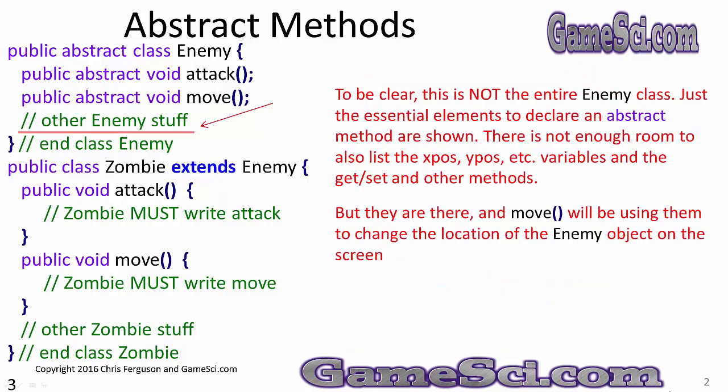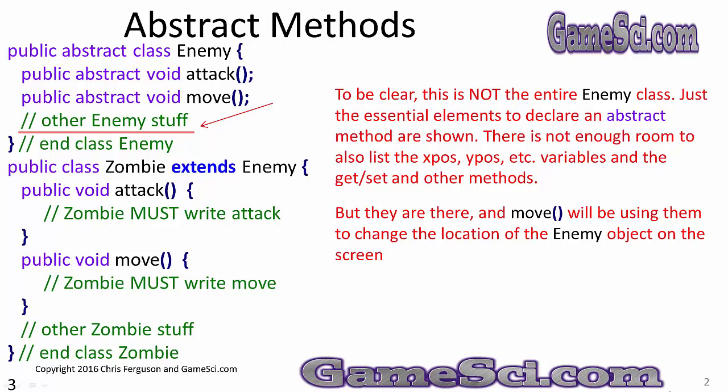There will be other enemy stuff in this class. Once again, I strip out the extra code so you can just see the abstract methods. To be clear, this is not the entire enemy class. Just the essential elements to declare an abstract method are shown. There's not enough room to also list things like X and Y position, and all the other variables, the get and set and all the other methods.